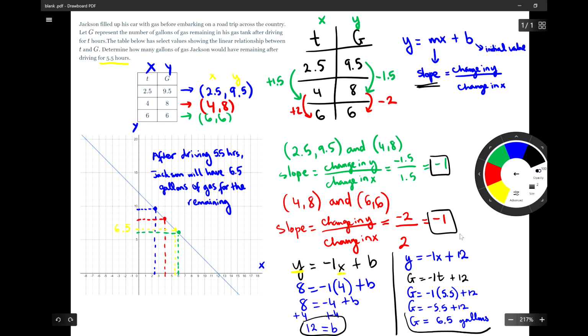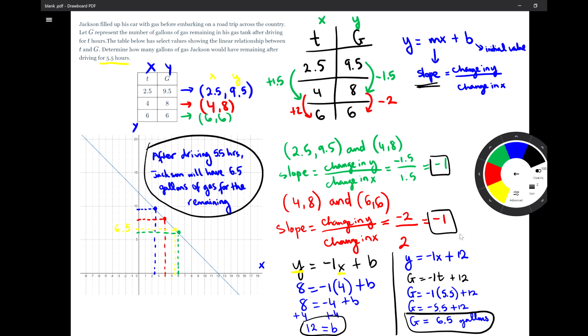Okay, and you notice that this answer matches the answer I got from the graph. So either way you do it, you should end up with the same answer. And you see that I just proved to you that for this problem, graphing is the best method to use because it's way easier and way shorter compared to the equation.